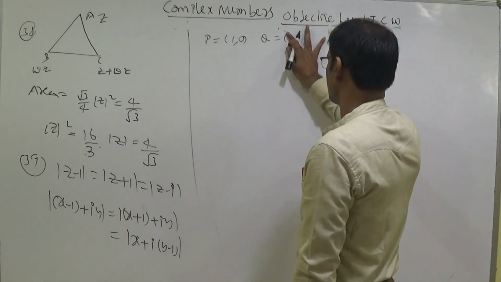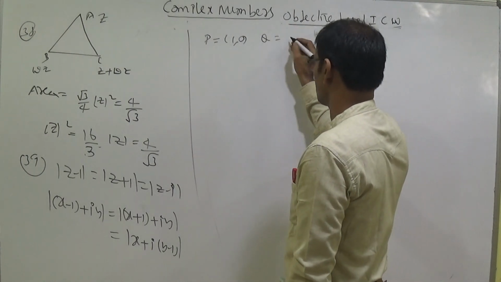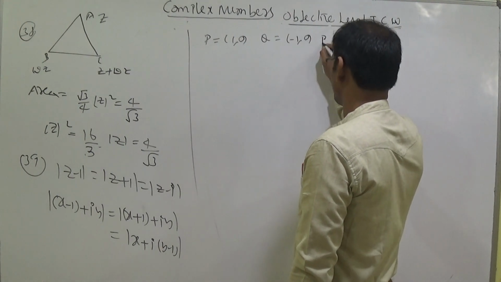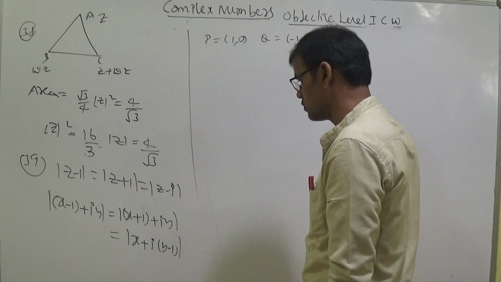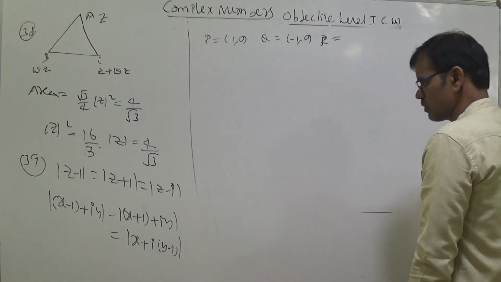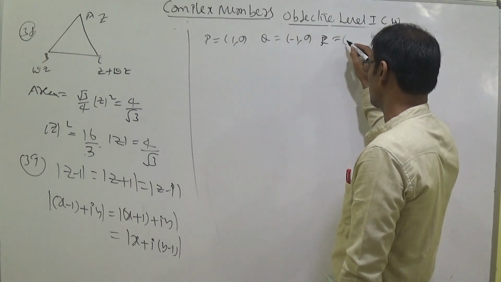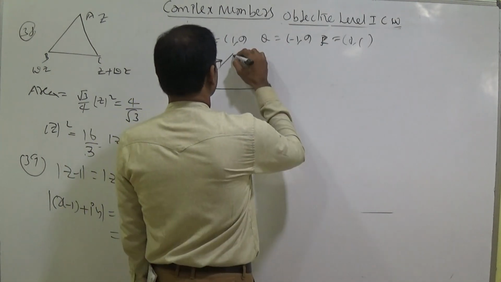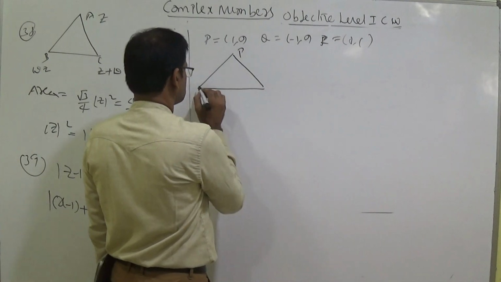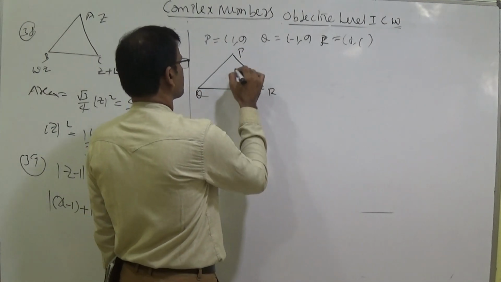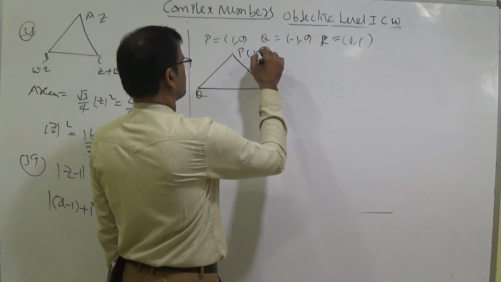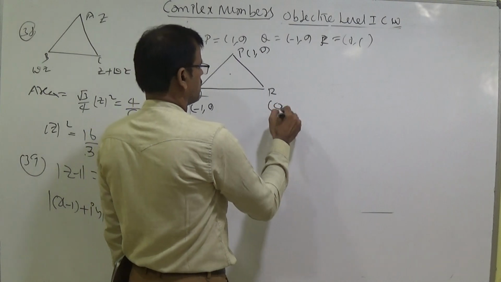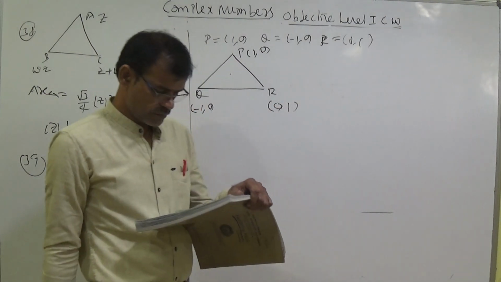And point R is 0 comma 1. Draw a triangle. Put here this is P, this is Q, this is R, with coordinates 1 comma 0, minus 1 comma 0, and 0 comma 1.